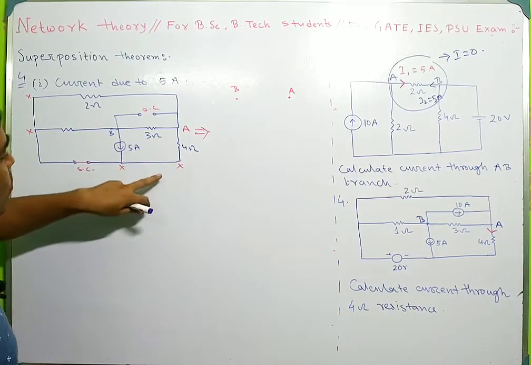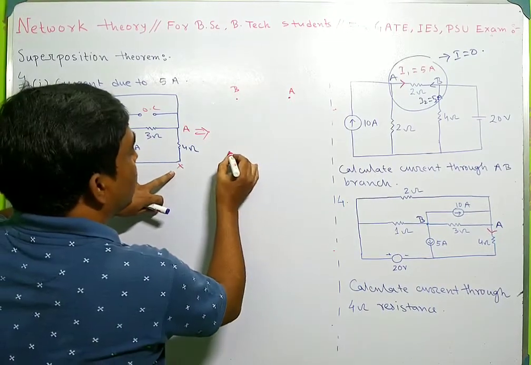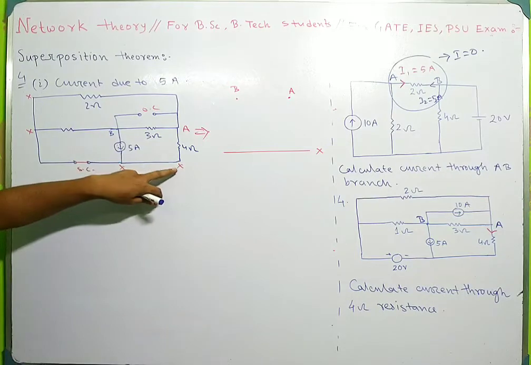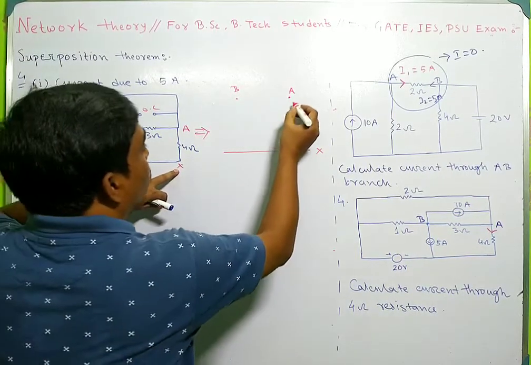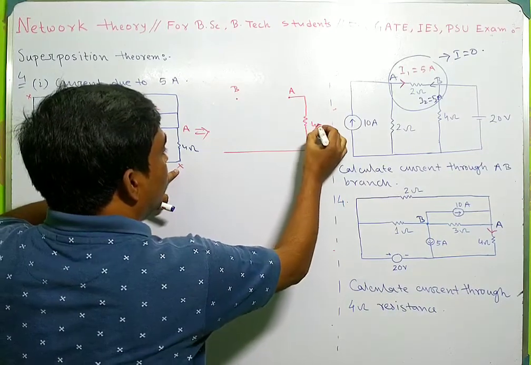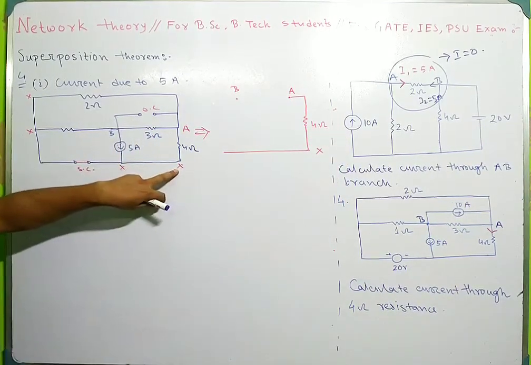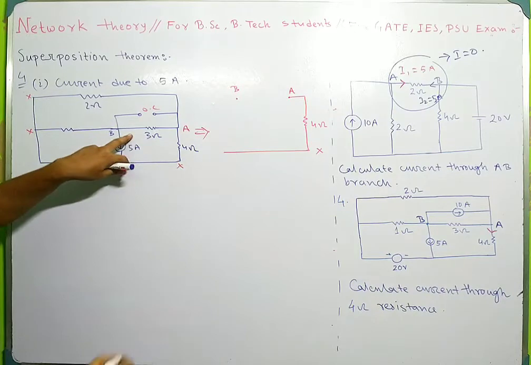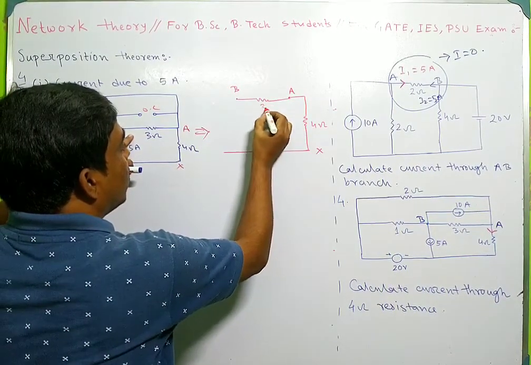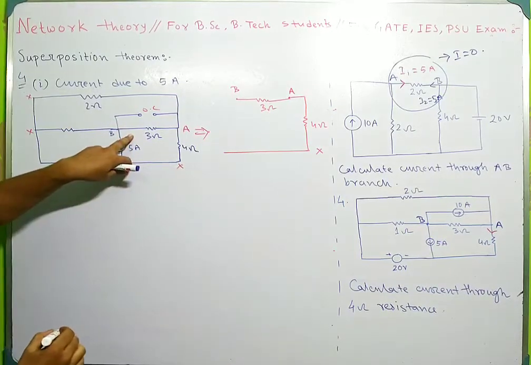From A to X, suppose this is the X terminal, there is a 4 ohm resistance. Now from A to B, this is a 3 ohm resistance.